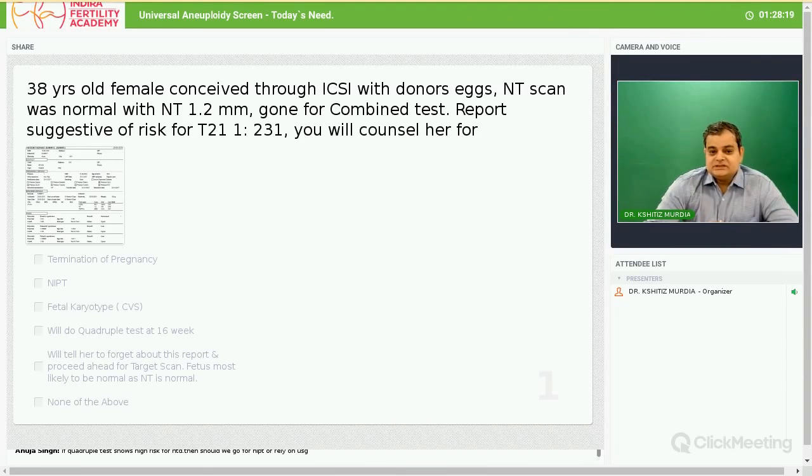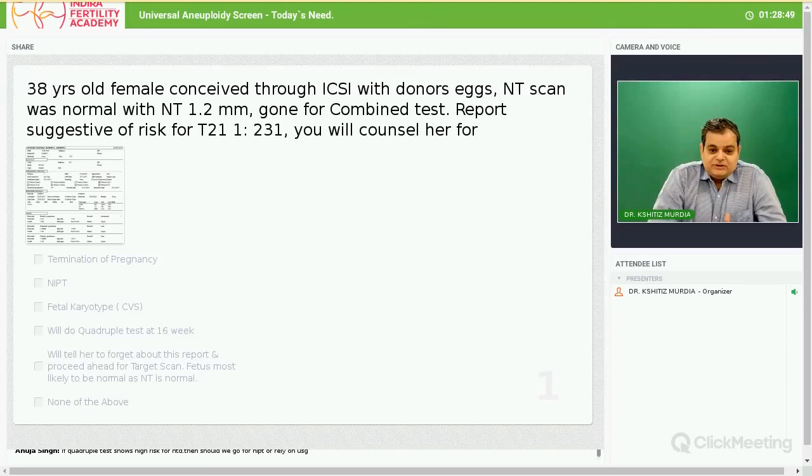So in such cases, you should ask the laboratory to repeat the statistics and give you a new report with the corrected age.